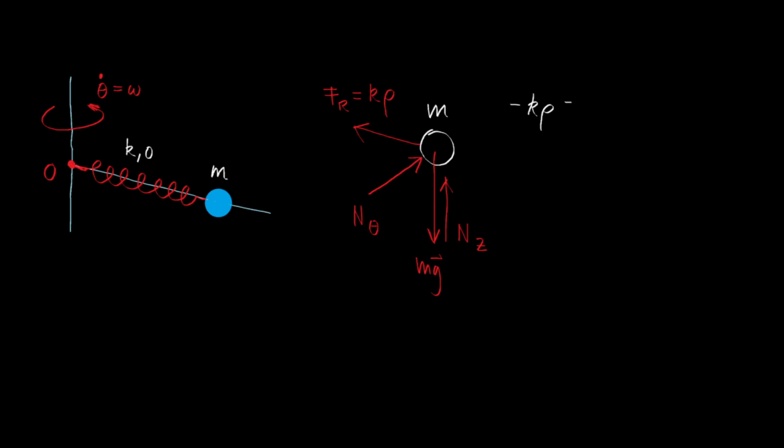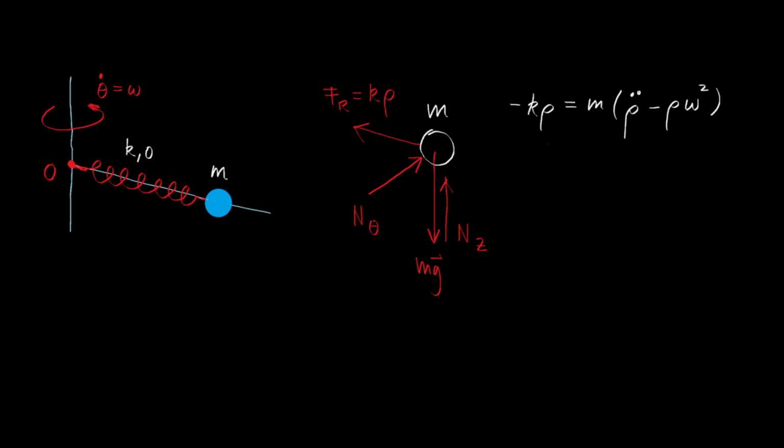So this force should be equal to the mass m times the acceleration of the mass in the radial direction, which in polar coordinates is rho double dot minus rho times theta dot squared. In this case, theta dot is just omega, so we have omega squared.